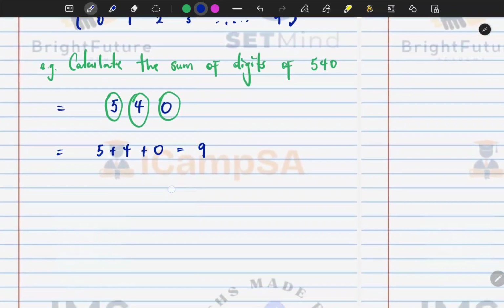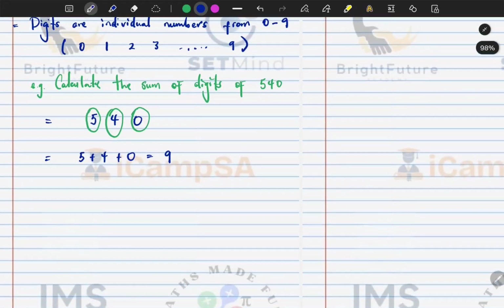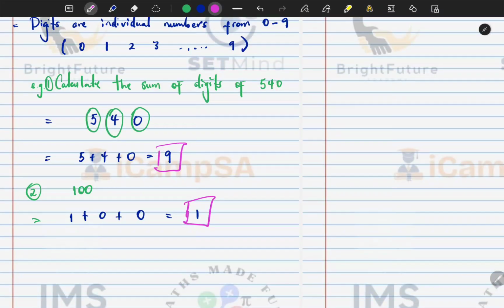Let's look at another example, example 1. Let's say we're required to calculate the sum of digits of 100. The sum of digits of 100 would be 1 plus 0 plus 0, which gives you 1.